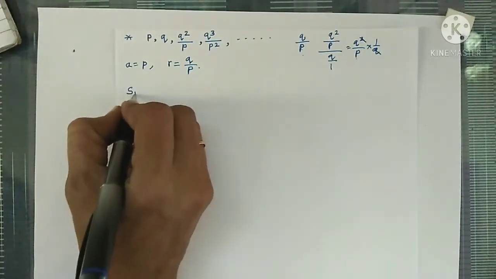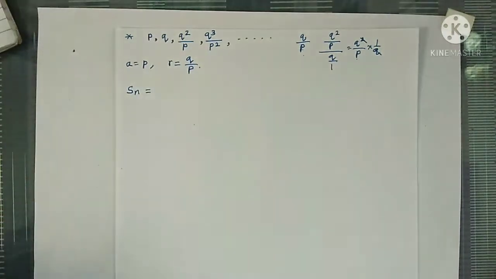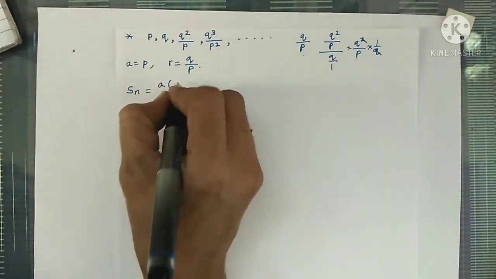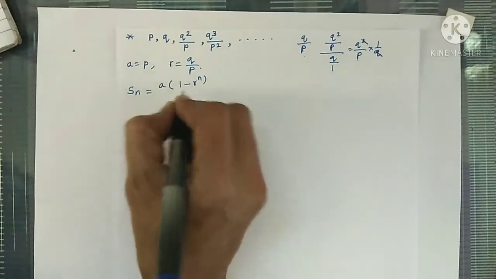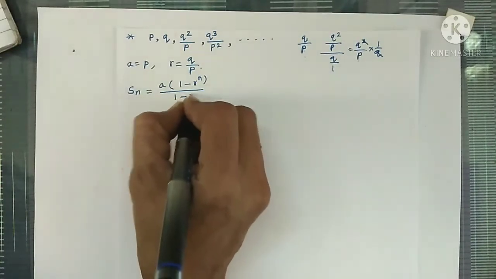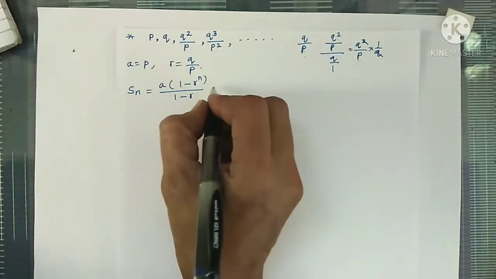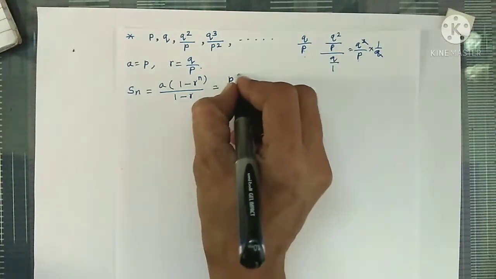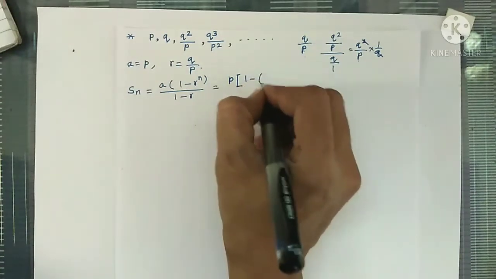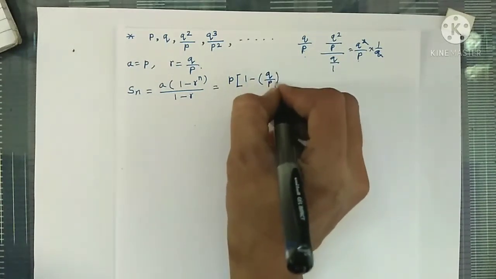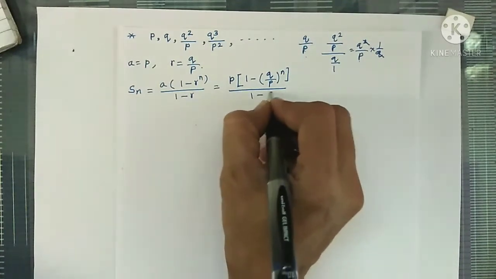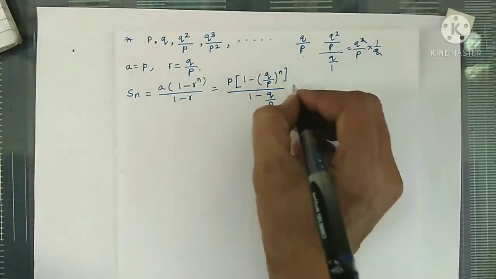Now here we can use any of the formulas for Sn because we don't know the values of q and p. So any formula will do. So A into 1 minus r raised to n upon 1 minus r. You can use r raised to n minus 1 upon r minus 1 also. So let's substitute the values. A is p, 1 minus r raised to n, where r is q upon p, divided by 1 minus r, so 1 minus q upon p.